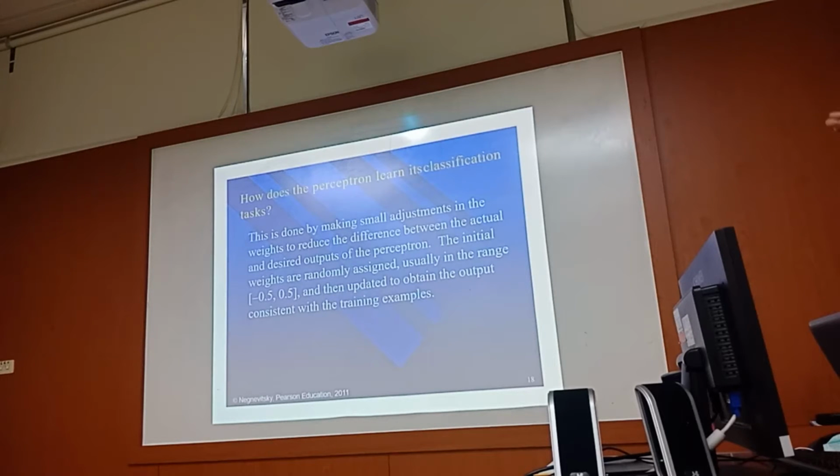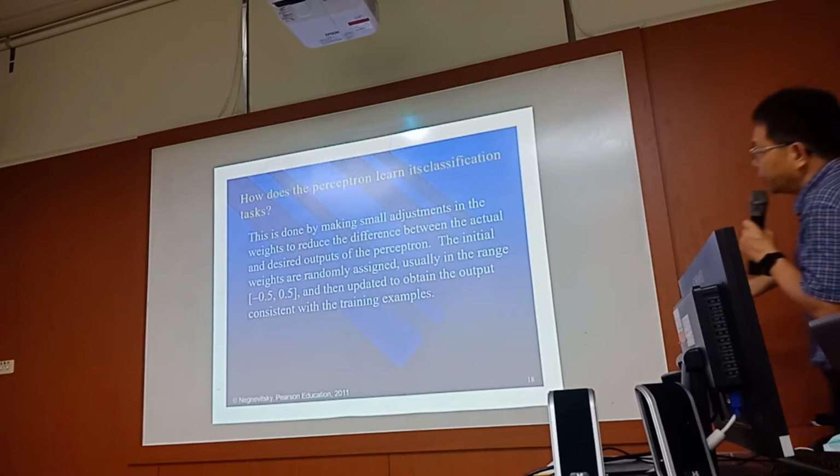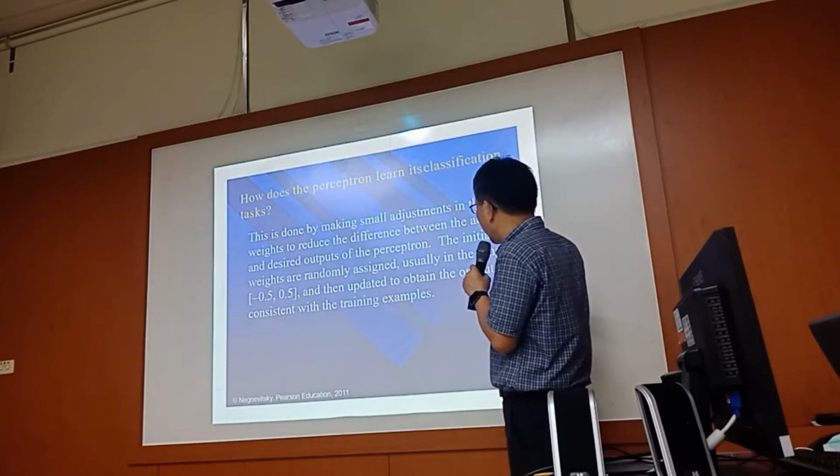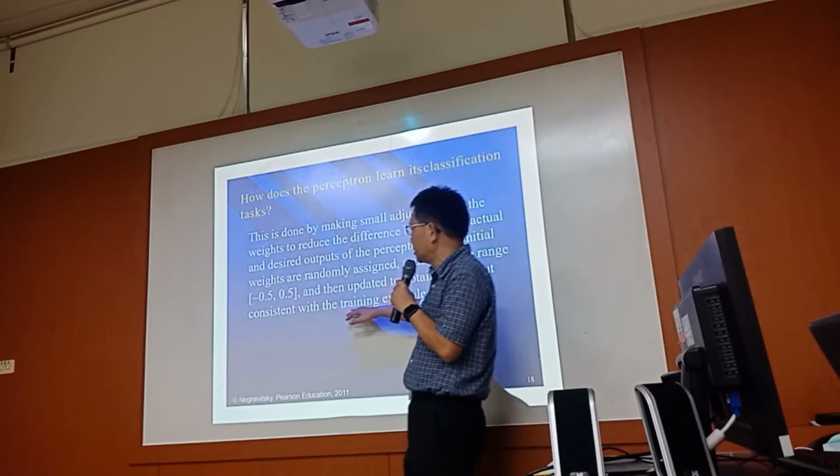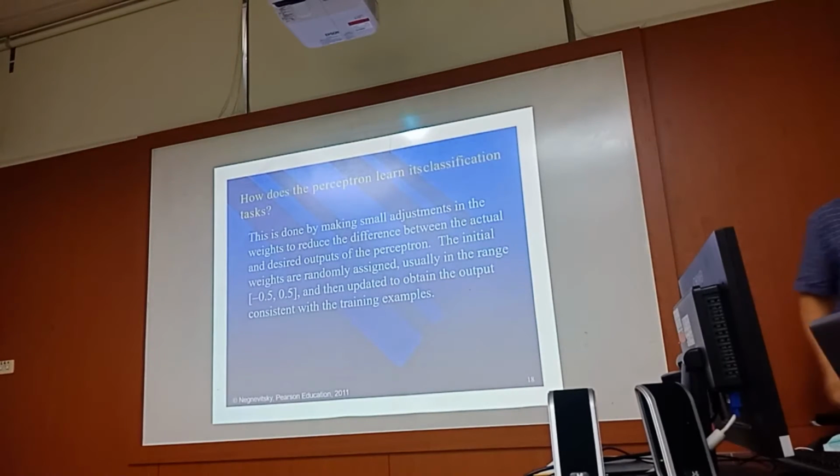Then we update to obtain the output consistent with the training example. So this is more like gradient descent, right? Yes, because we take a weight initially and then we adjust.